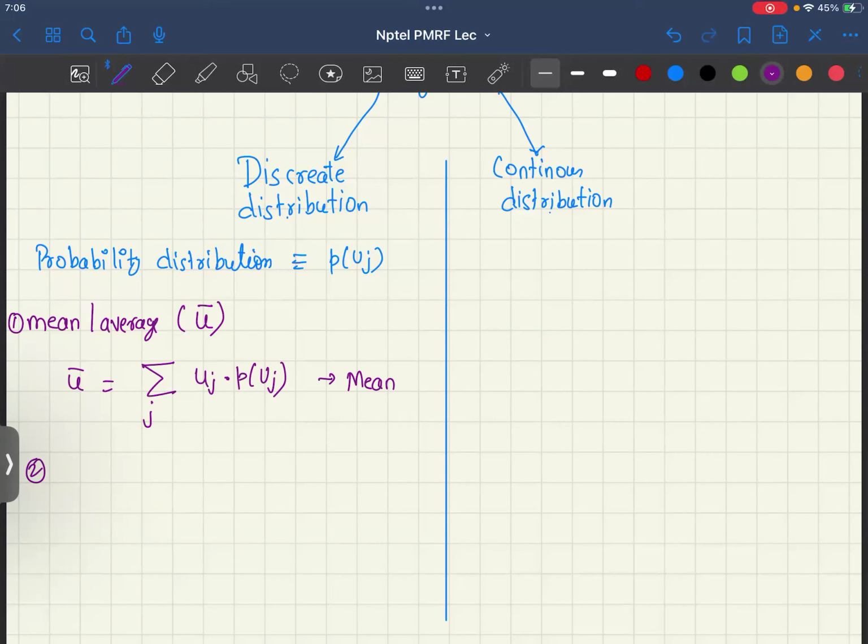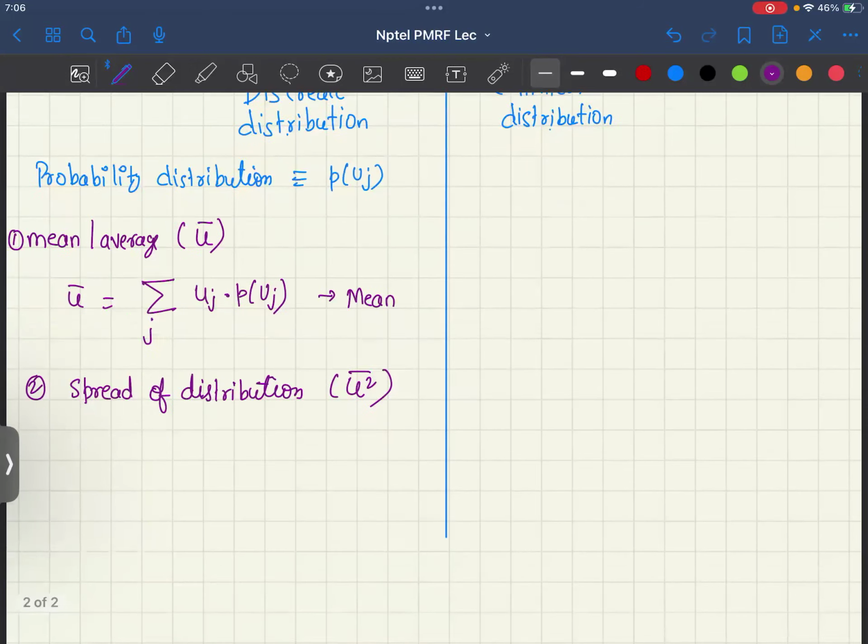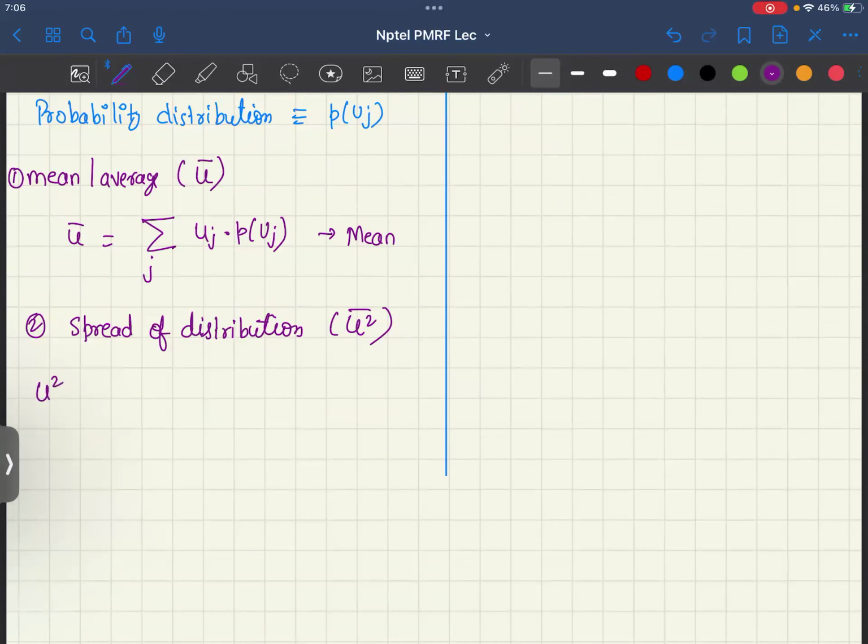Then let's say we have the mean of the square of the quantity, u square bar. This can be given again as the summation over all states of u j squared multiplied by the probability of occupying that state, P of uj.